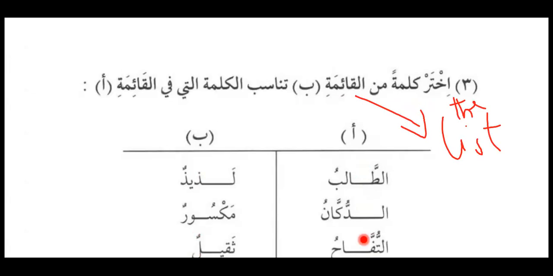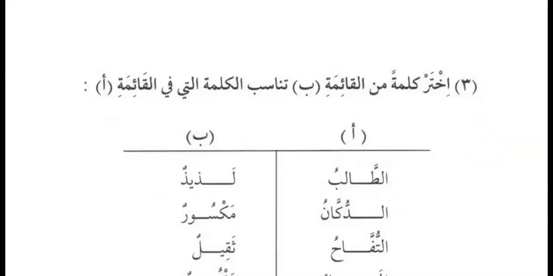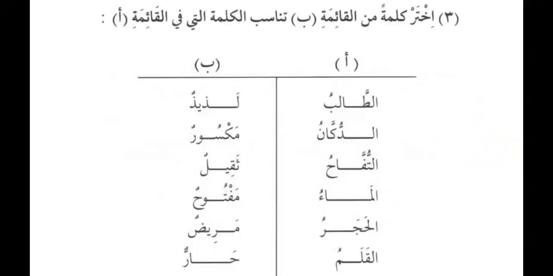Let's say this is list A, and this is list B. So القائمة ب, list B. You're going to pick a word from القائمة ب that matches the word on list A, which correlates, ناسب يناسب. Basically, we're meant to match. Okay.